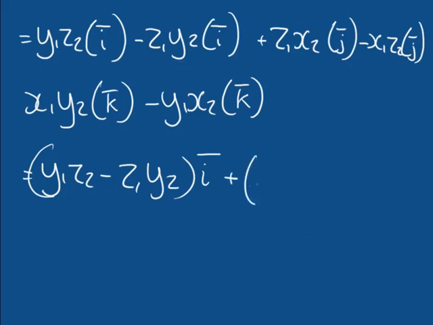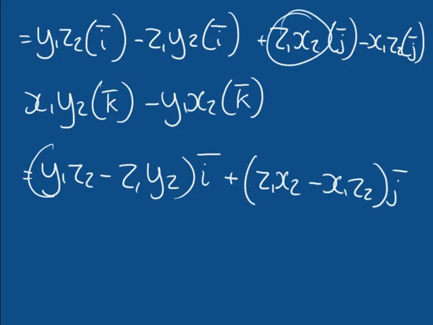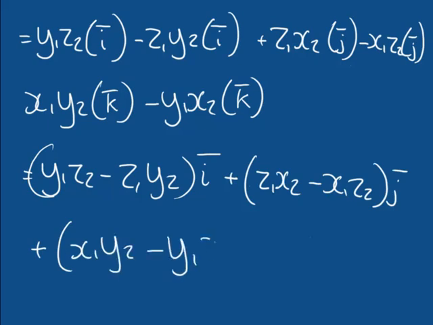I'm then going to add to that z1 x2 minus x1 z2 multiplied by j, and then add to that x1 y2 minus y1 x2 multiplied by k.